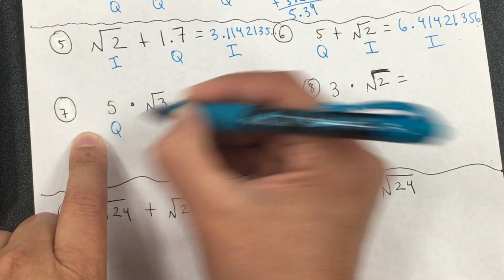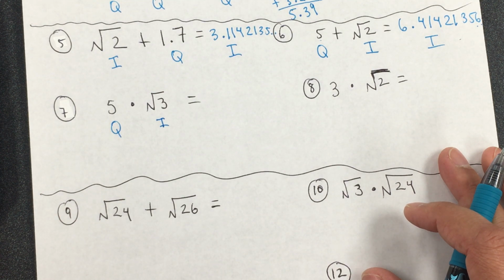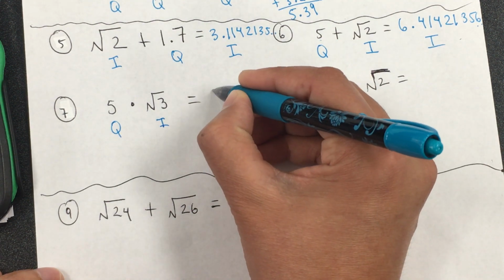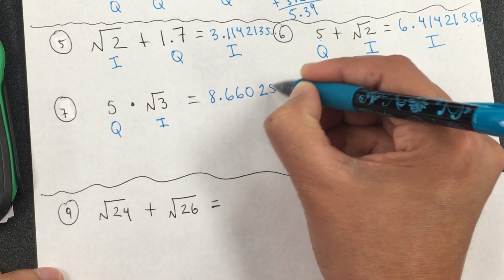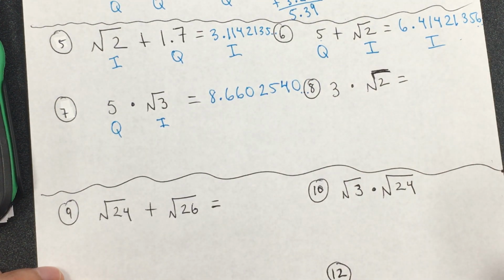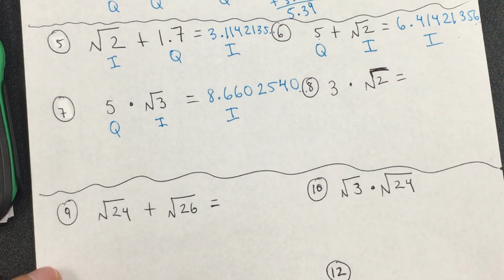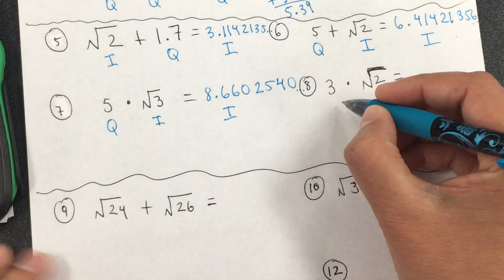In here we have a rational and we have an irrational. So 5 times square root of 3 equals 8.66025403. Hopefully I'm not eating some numbers. And so that's irrational because it has non-repeating, non-terminating decimals.